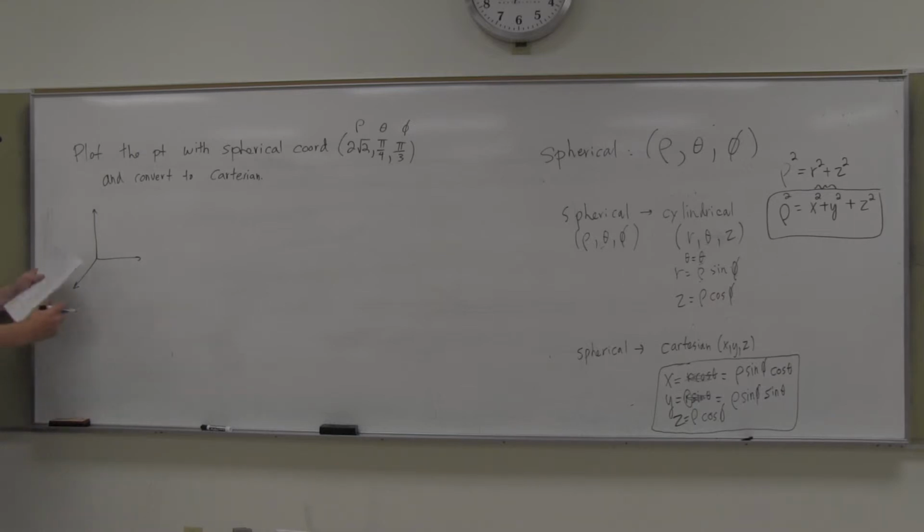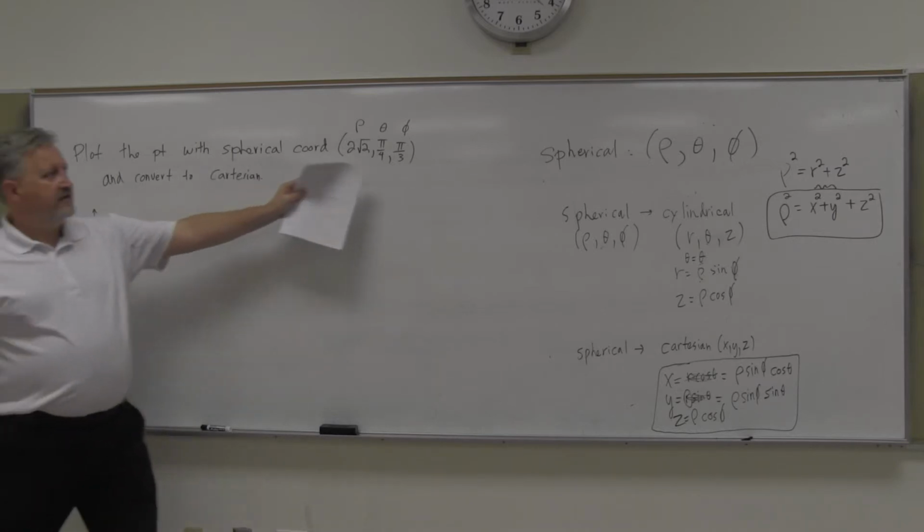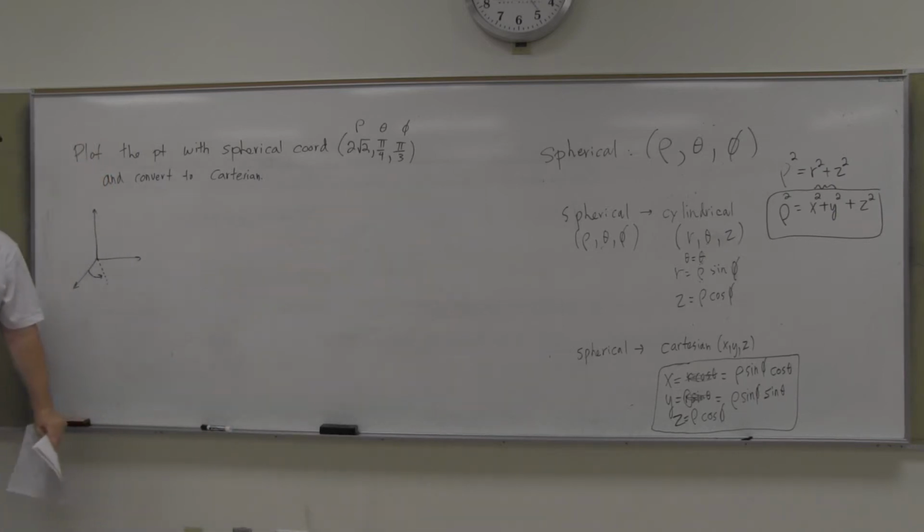That's the angle from the positive x-axis, 45 in the XY plane. So I go 45. Phi is the angle from the z-axis.